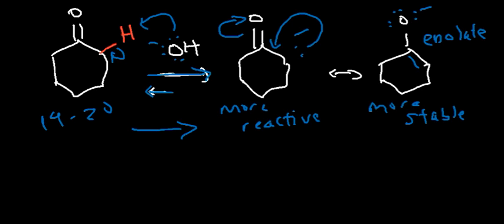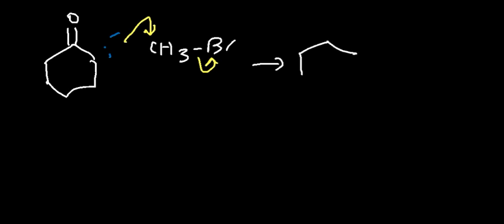Now, once we get this carbanion or the enolate ion, we can react it with something. We can use either resonance form. So we can react it with, let's say, an alkyl halide like methyl bromide. This carbanion will attack the methyl carbon and then expel the bromine. So this is known as direct alkylation.